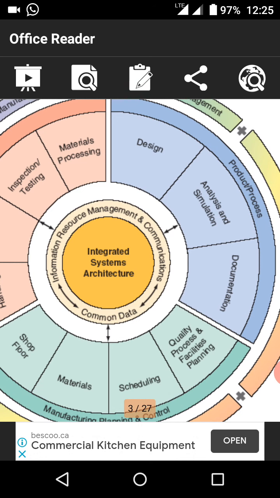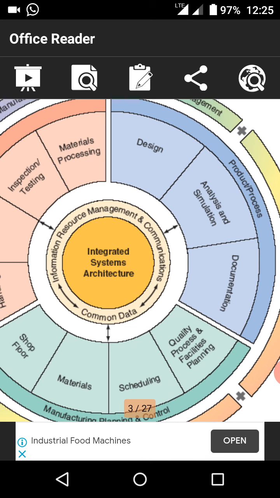First one is part and product design. In this there are four phases controlled by part and product design: preliminary design, analysis, implementation, refinement.